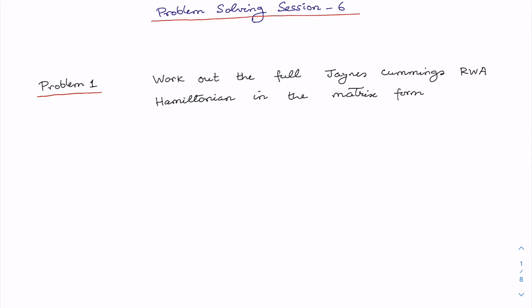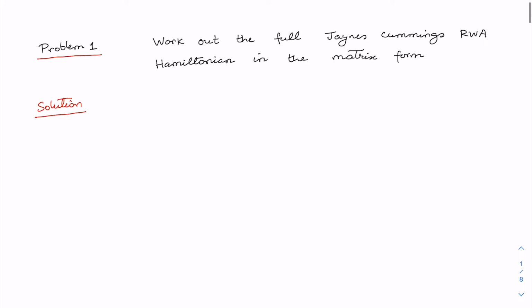We have done it in the class, but we skipped certain steps. Let me now fill up the gaps here. In lecture number 15 of the course, which is lecture 5 of module 2, we wrote down the Jaynes-Cummings Hamiltonian as follows.